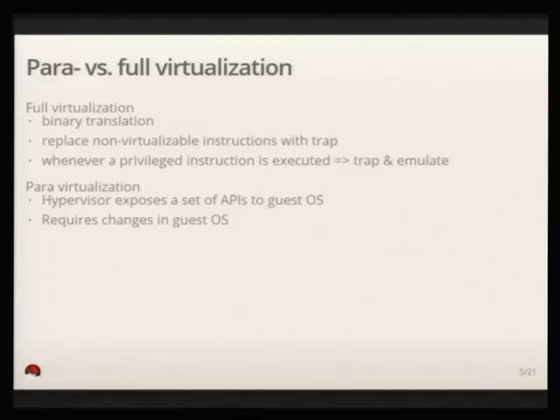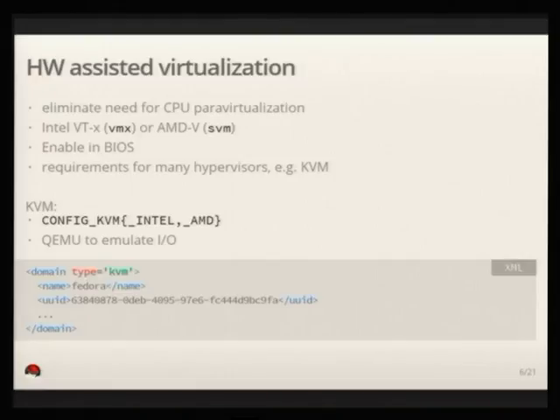And given the rate at which new software is being released nowadays, it wouldn't be feasible to catch up and do all the modifications. So even though back in the old days para-virtualization was used a lot, until the hardware vendors came in. They introduced something called hardware-assisted virtualization, which basically tries to eliminate the need for para-virtualization.